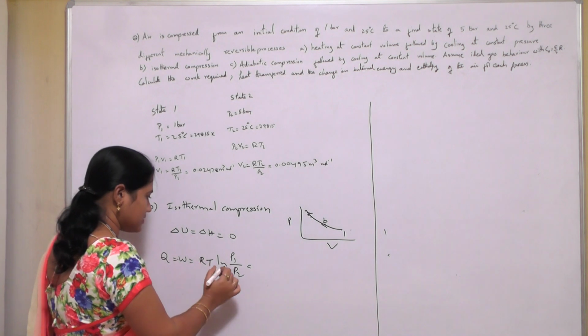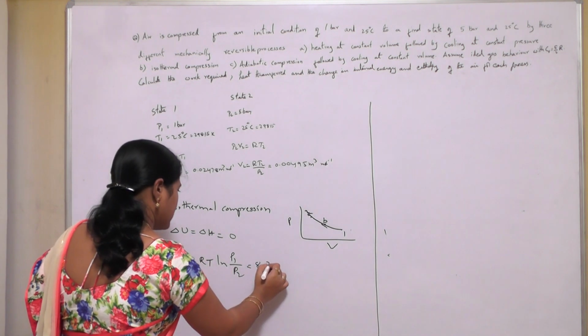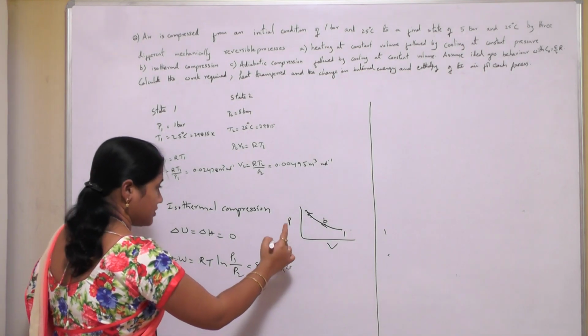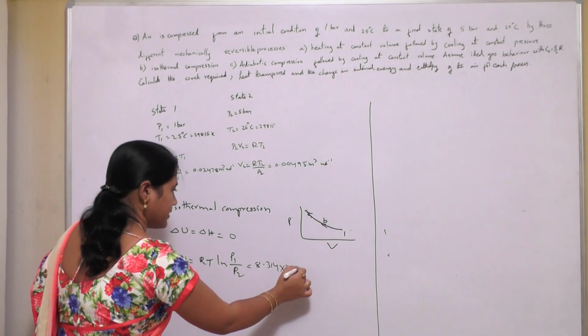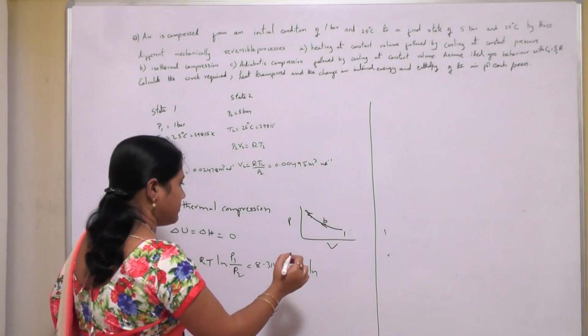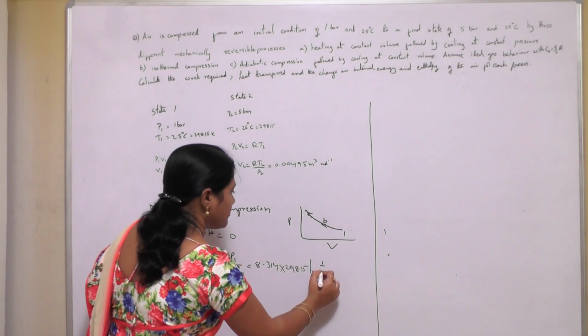So R is 8.314 and temperature is constant at 298.15, and the pressure P1 is 1 bar and P2 is 5 bar.